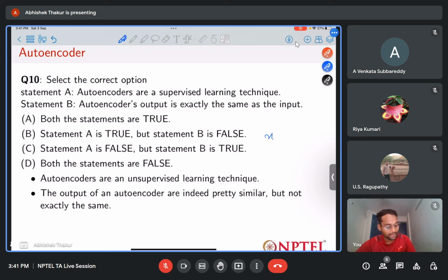Because our x hat, the estimate of x, is almost the same as x but not equal to it. That's why we find the loss function, which can be either cross entropy or square error loss.